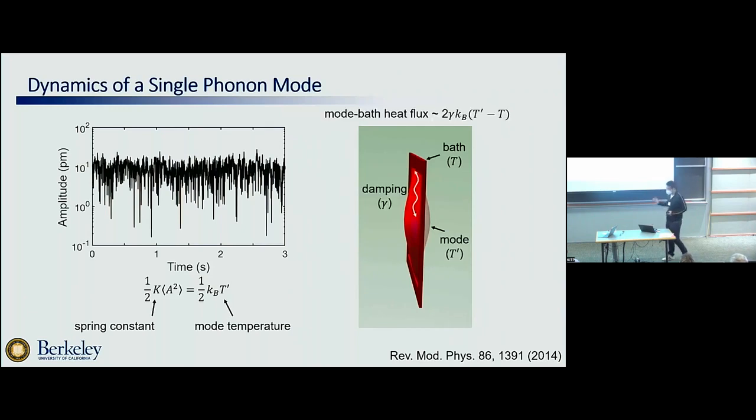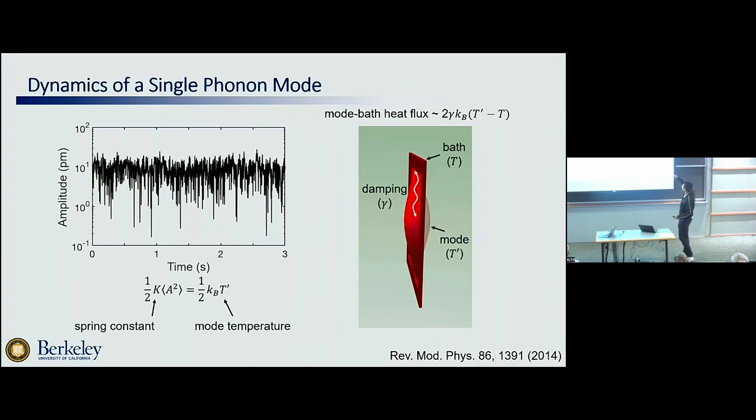And there are also circumstances where you can do some engineering, or you can use lasers or other things to either kick this mode or cool down this mode, so that it has a different vibrational amplitude than its equilibrium case, so that it can exchange energy with its thermal bath, which is all of the other phonon modes inside this particular membrane.